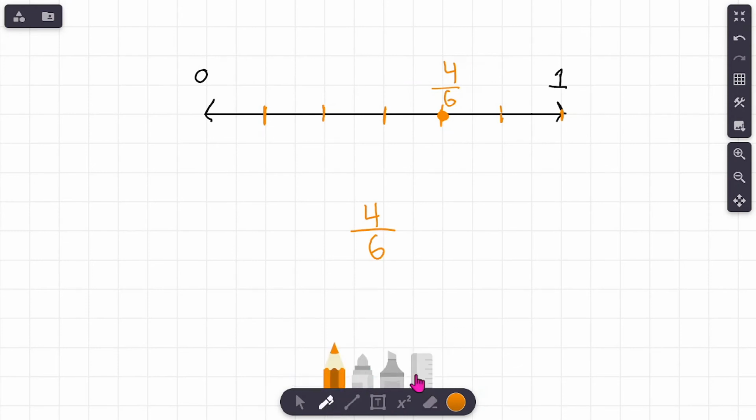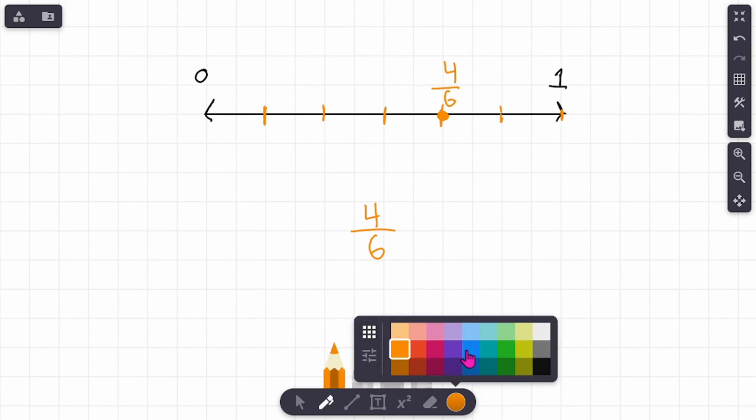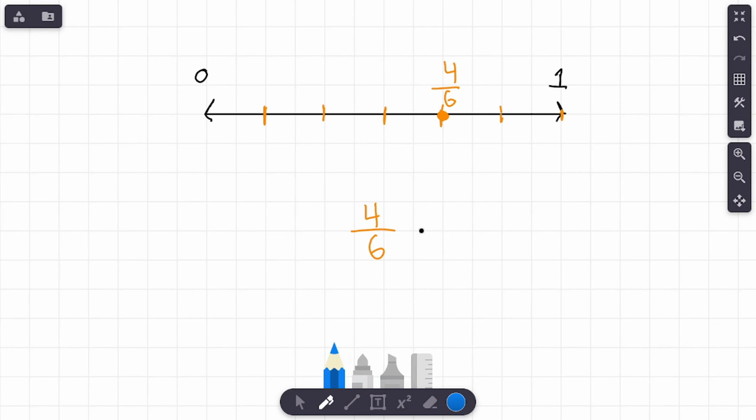Now, let's think about this. Let's see if we can create another equivalent fraction. And this time, to create an equivalent fraction, I want us to go this direction. What I'm talking about here is I want us to create an equivalent fraction where we are dividing.